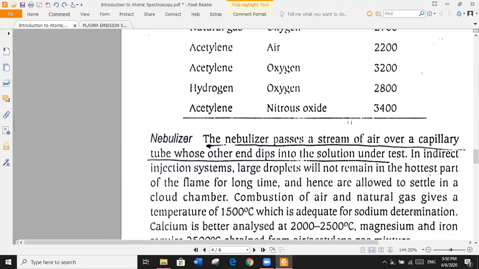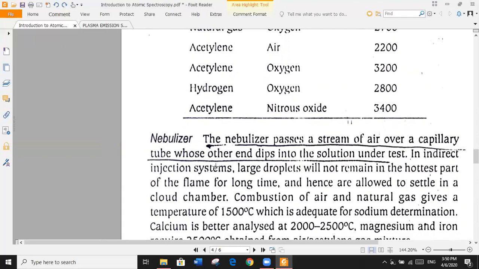Now, nebulizer. The nebulizer passes a stream of air over a capillary tube whose other end dips into the solution under test.